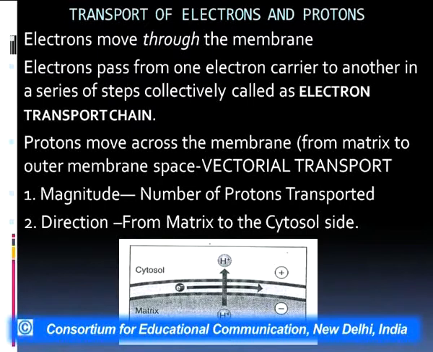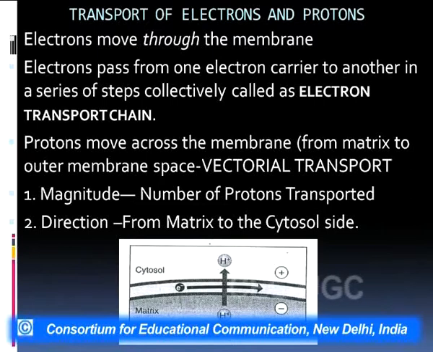Let us first look at the transport of electrons and protons. How do they really move? This casts doubt on the term electron transport chain itself. Many workers have cast doubt. Why do we call this an electron transport chain at all?